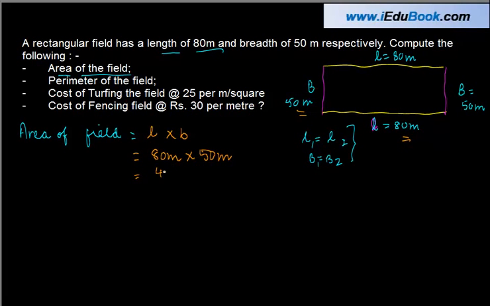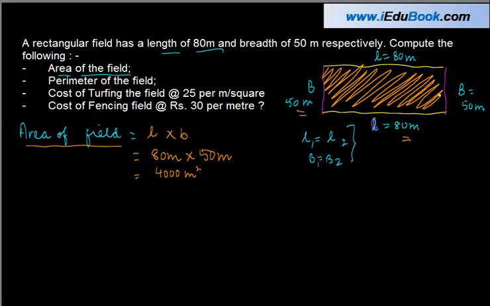So 80 into 50 gives you 4000 meter square, right? So area of the field basically refers to this entire area, and this is found mathematically by multiplying the length and the breadth of the field, right? So we are done with the first part.